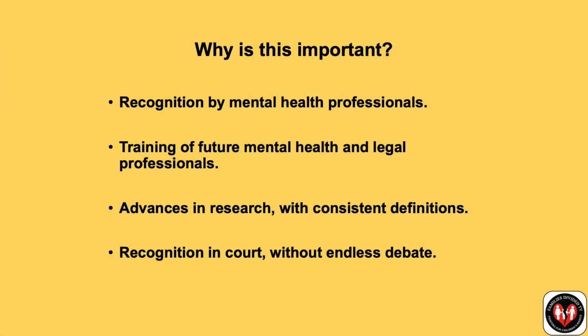So that's important. And finally, the topic of parental alienation comes up in court quite a bit. And if there's a standardized definition, and if it's in the DSM, there'll be less arguing about that topic in court.